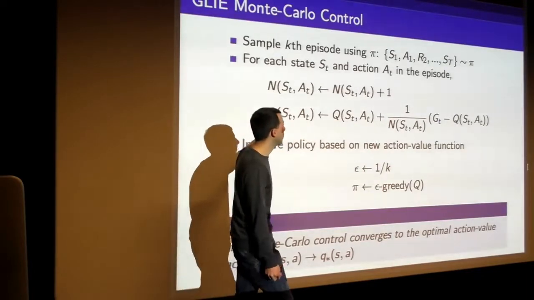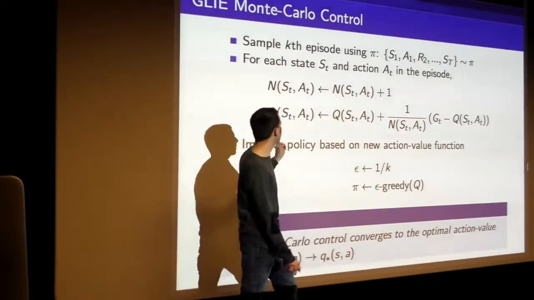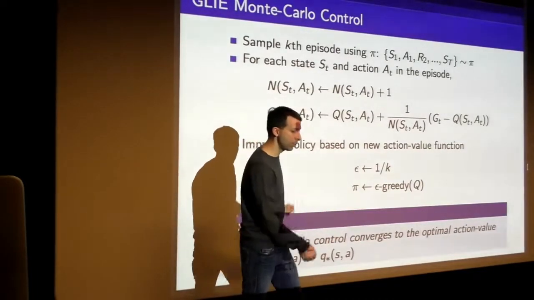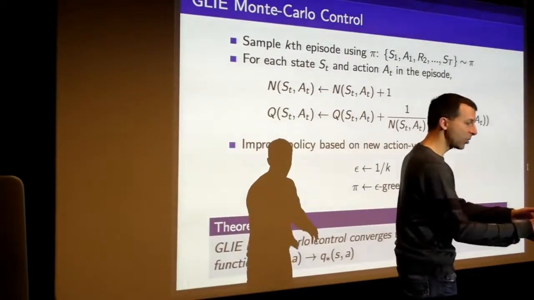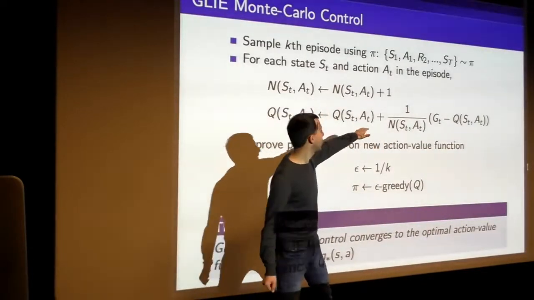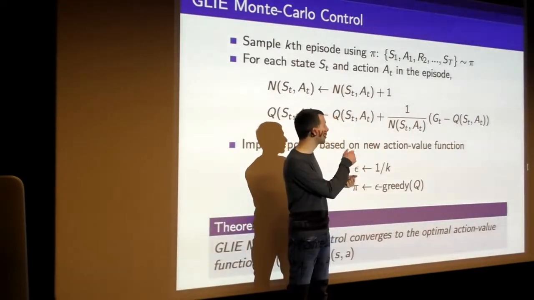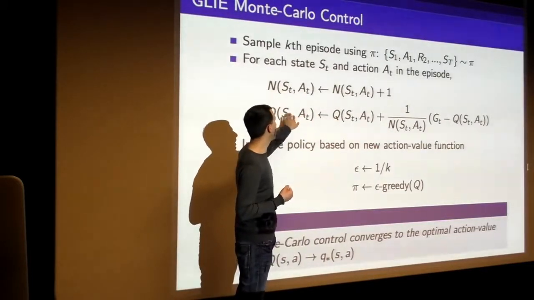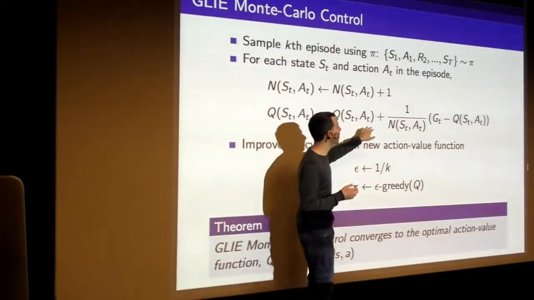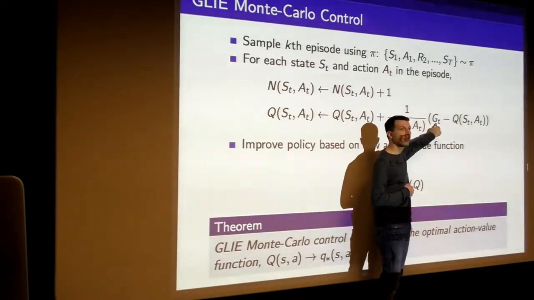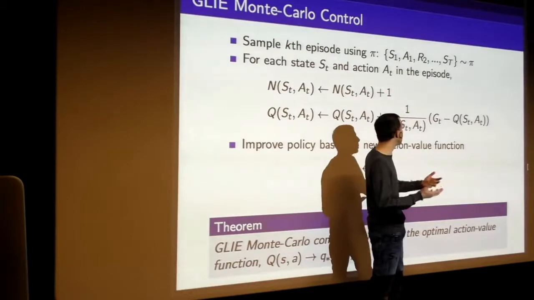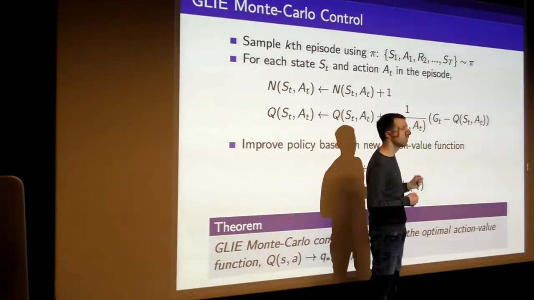So this is just our incremental update to the mean, which says that if we consider that particular state-action pair, how many times have I tried that? Well, let's just adjust our previous mean, which was this. We're going to update a little bit in the direction of the return that we just got. And the amount that we have to adjust it to get a correct mean estimate is this 1 over n.